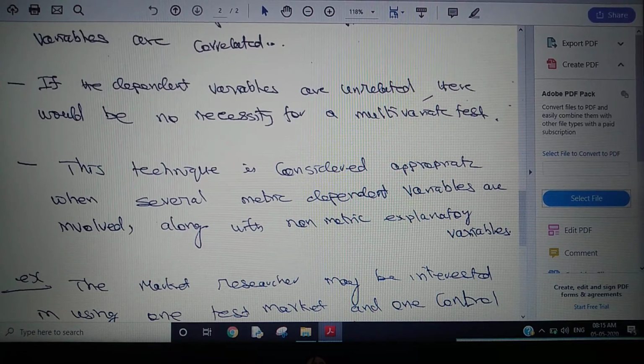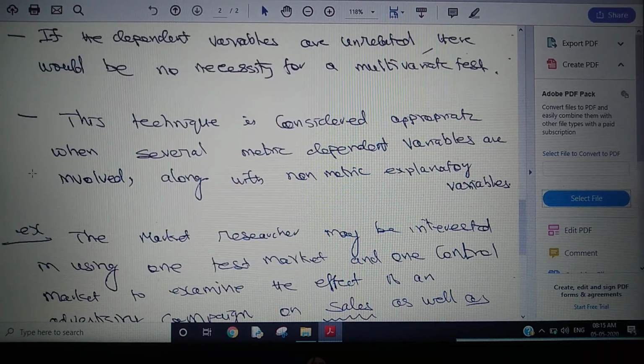This technique is considered appropriate when several metric dependent variables are involved along with non-metric explanatory variables. Here non-metric explanatory means independent variables. Earlier in the diagram I told you that the dependent variables are metric and the independent variables are non-metric.